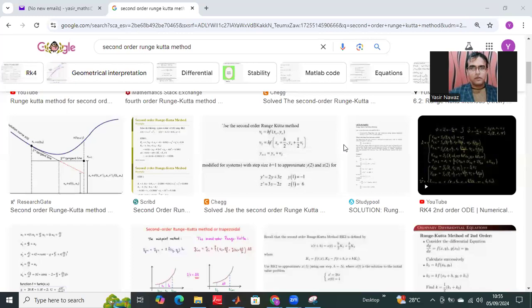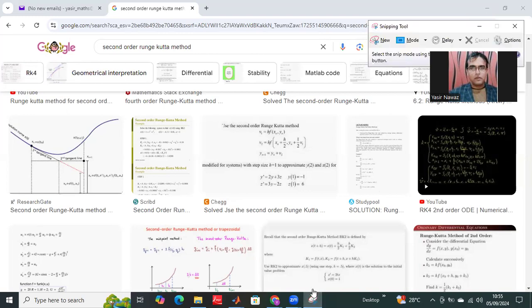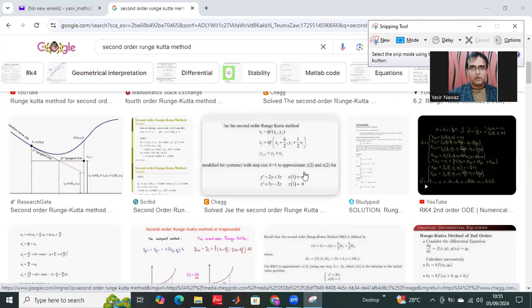If you search for the second order Runge-Kutta method in Google, it will give some pictures, and one of the pictures is this one. I have to pick a formula or a method, then I will discretize the SIR model using it.